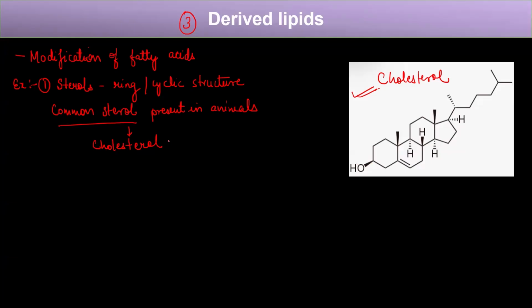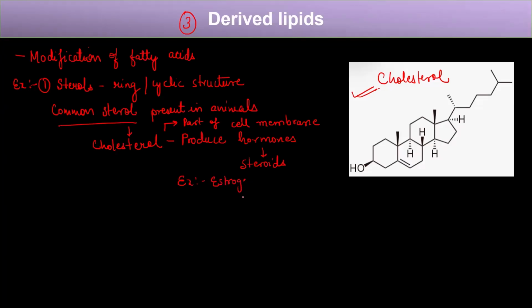First of all, it is part of the cell membrane. Second, it produces hormones known as steroids. Examples are estrogen and progesterone.